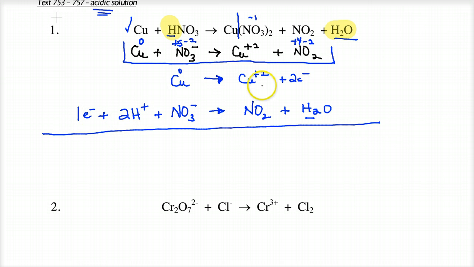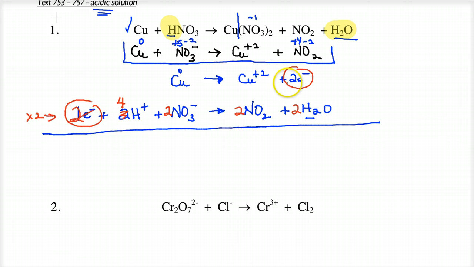Well, this is simple. This guy produces 2. This is accepting 1. So I'm going to multiply by 2. And when I do so, this gives me 2 electrons, 4 H pluses, 2 nitrates, 2 NO2s, and 2 waters. And again, the reason why I multiplied by 2 is so that I can cancel out my electrons.